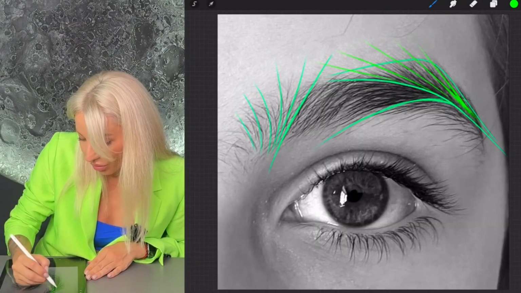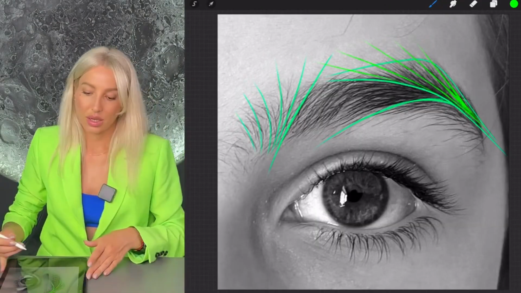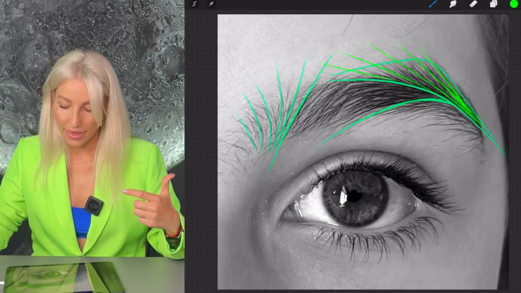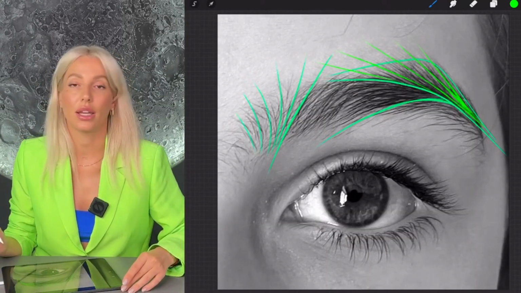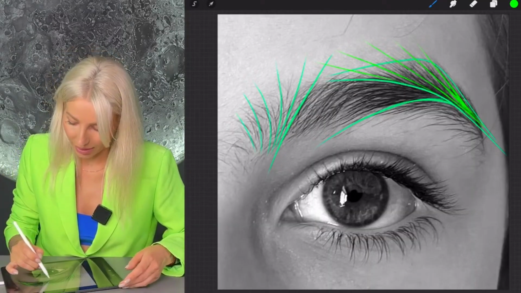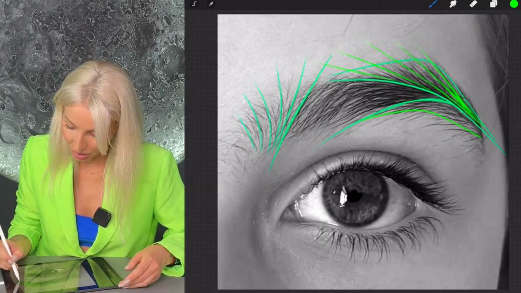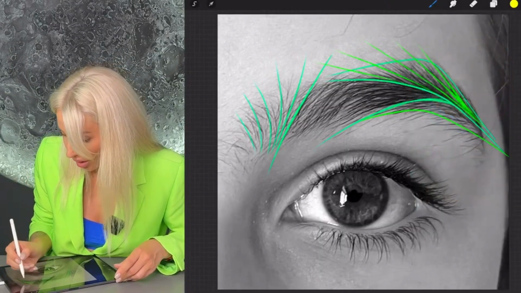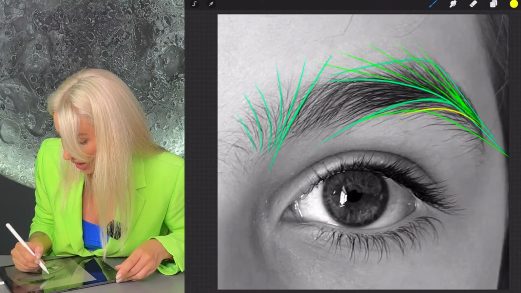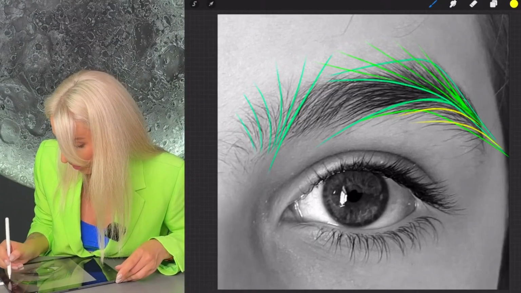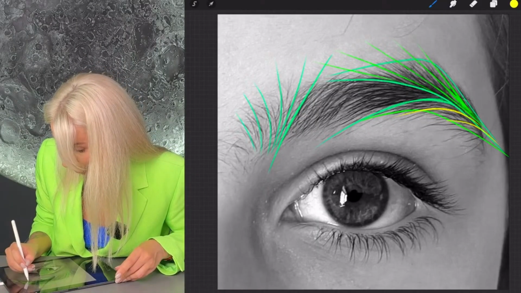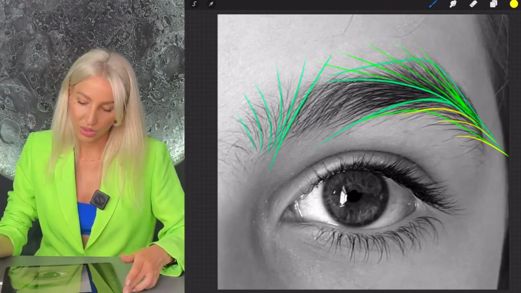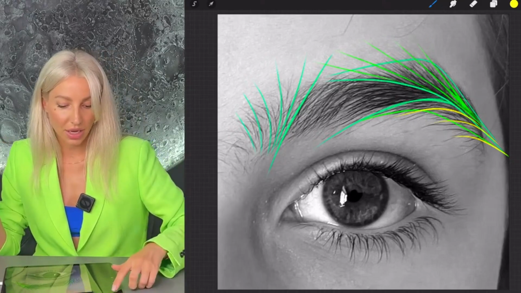We also need already to understand direction, the curve, bends, and etc. And then we have only one area missing, it's the tail, and we are building our shape, and then we have this area for the hair strokes in the tail. Like this. So this is how you analyze the eyebrows.